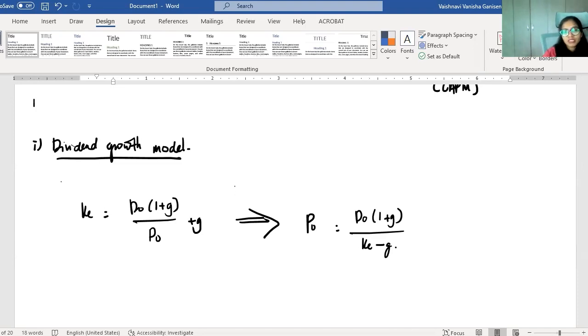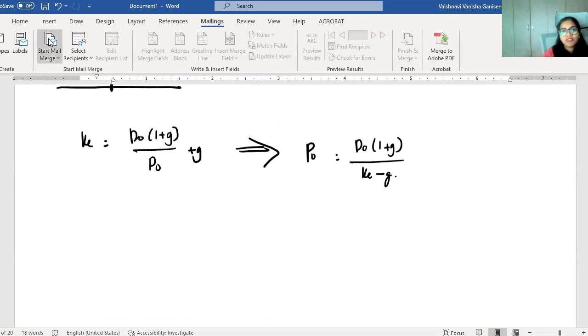Now what I want you to remember is that when you use this function, I want you to understand the concept first.